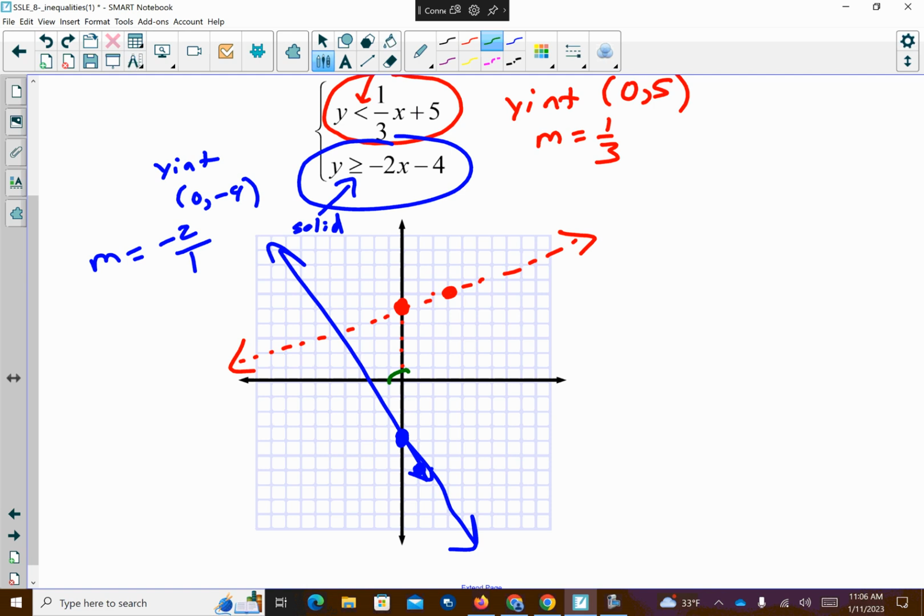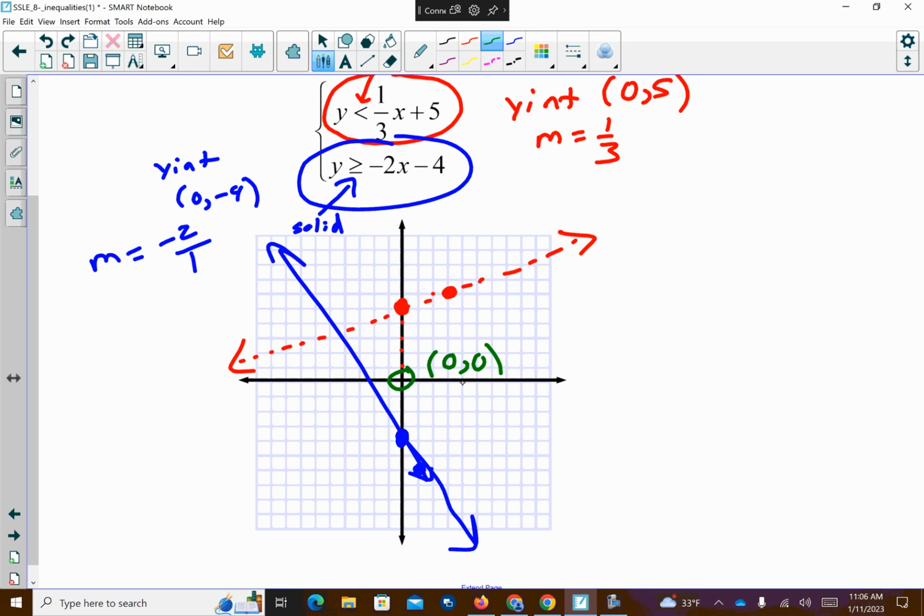So this right here is (0, 0). And because (0, 0) is on this side of the blue, and it's on this side of the red, does that make sense how I did that? Yeah. So if it gives us true on both of the equations, that means I shade where (0, 0) is at. If it doesn't, we can use a little bit of logic to figure out where we should go next. Okay?